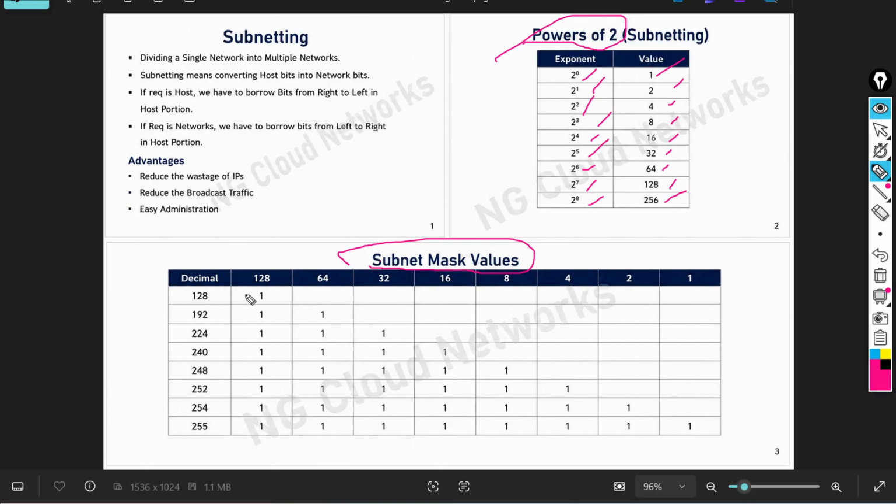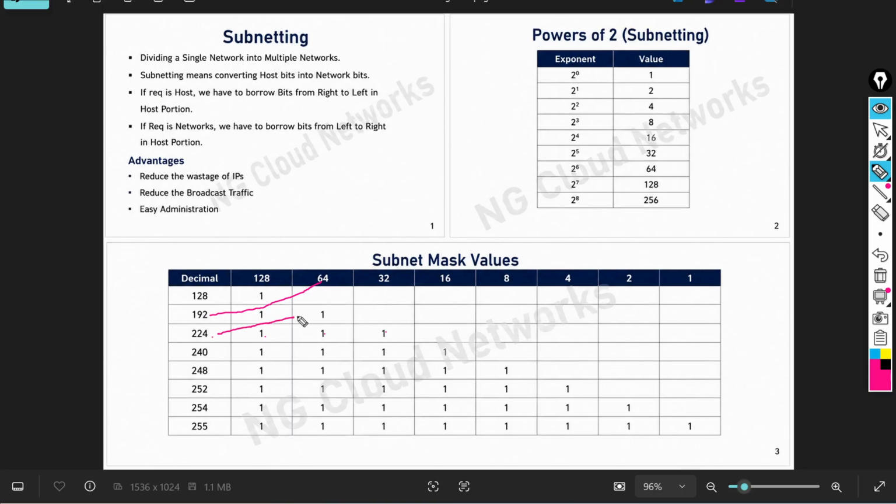And here is one more table. This is also a very, very important table. See here: 128, 64, 32, 16, 8, 4, 2, 1. From right to left: 1, 2, 4, 8, 16, 32, 64, 128. Now see here, 128. 128 plus 64, how much? 192. So 128 plus 64 is 192. And 224 means 128 plus 64 plus 32.